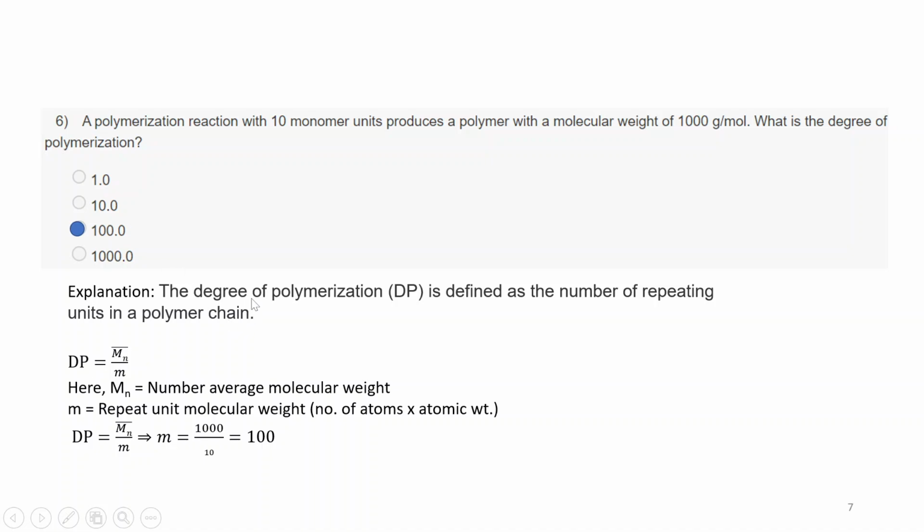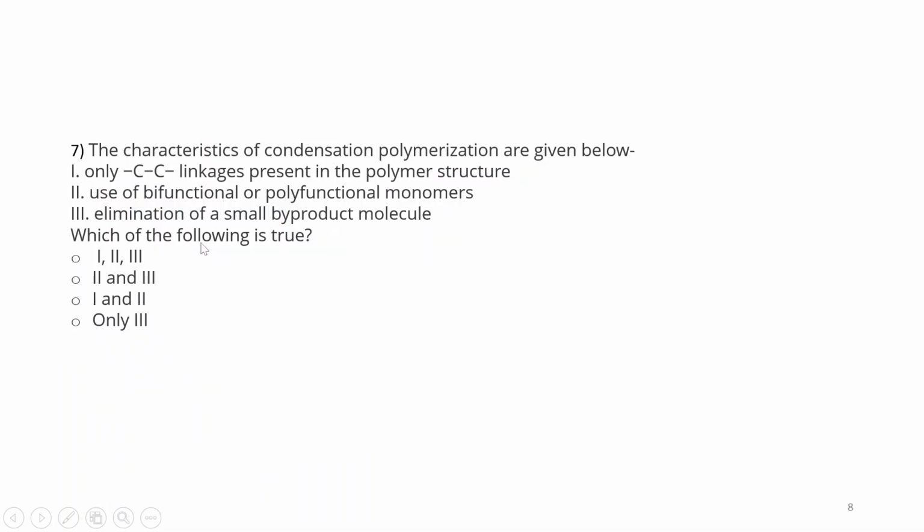DP can be given as Mn upon M. Mn will be the number average molecular weight, M will be the repeat unit molecular weight, so number of atoms times the atomic weight. And DP again can be given as the 1000 molecular weight divided by the number of monomer units, so 10. So 100 will be the correct option here.